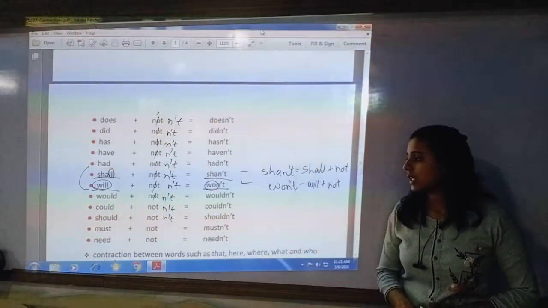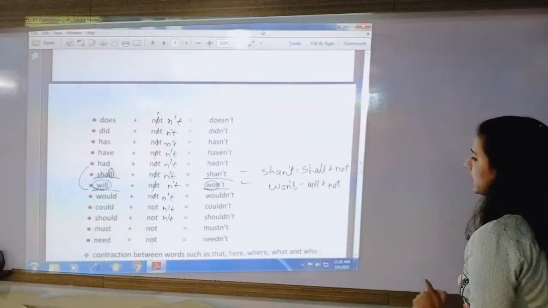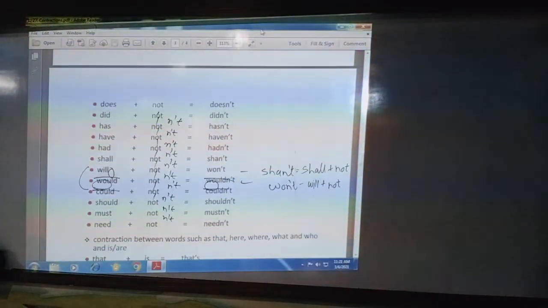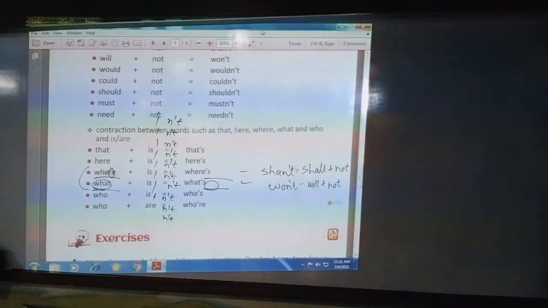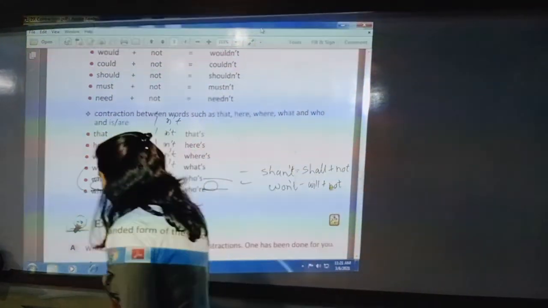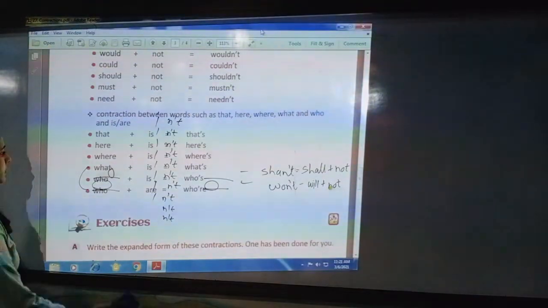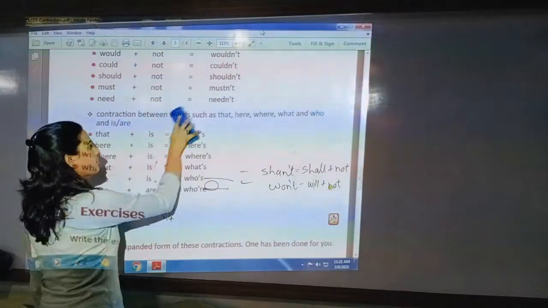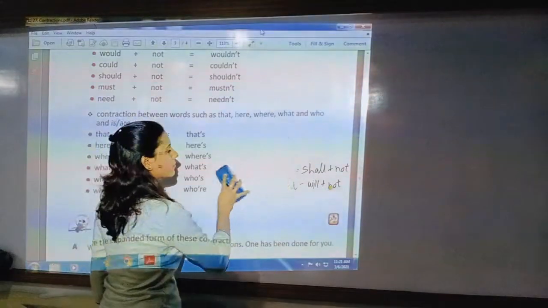Clear? Now let's see the next example. Again, is and are are given to you. So we will eliminate the first letter.